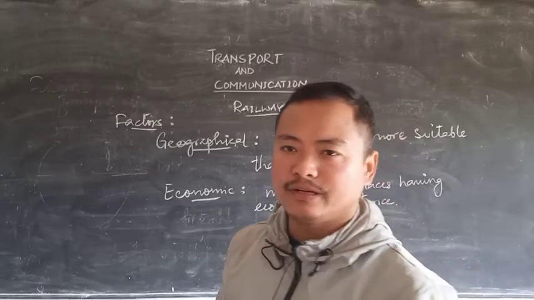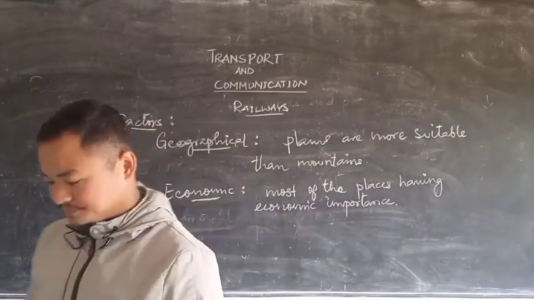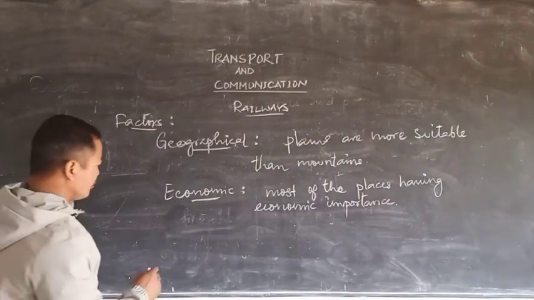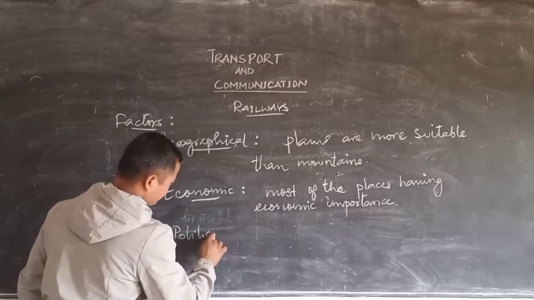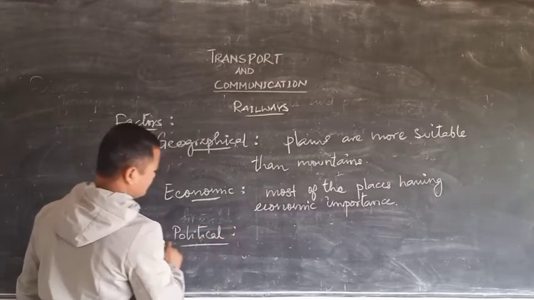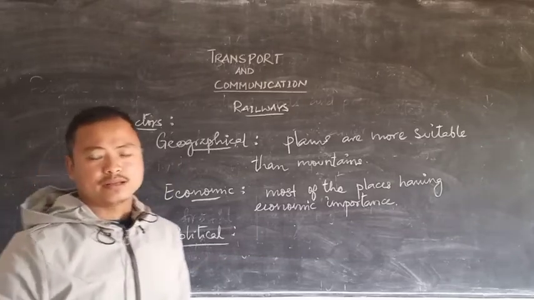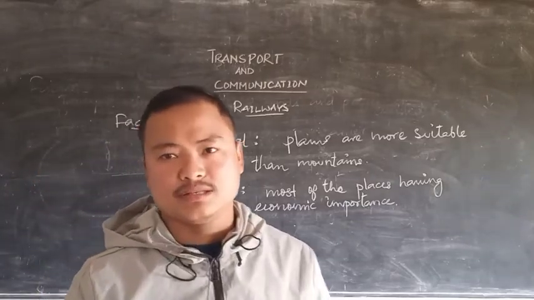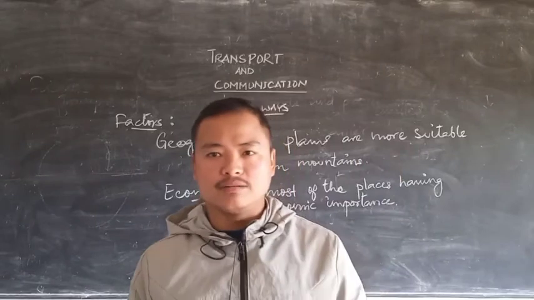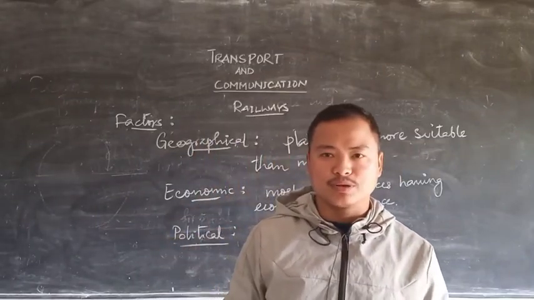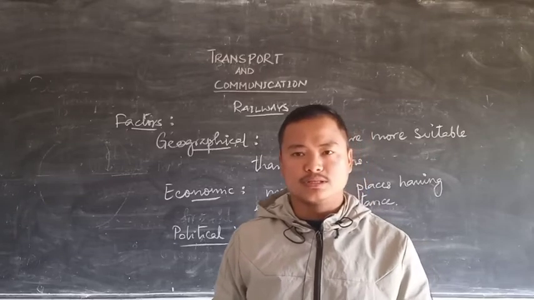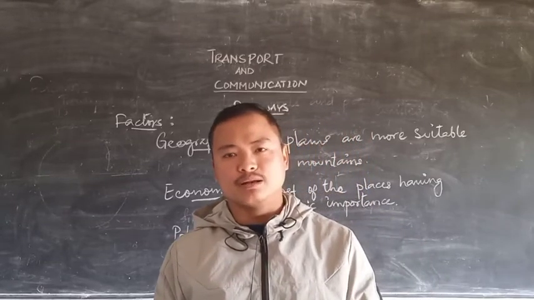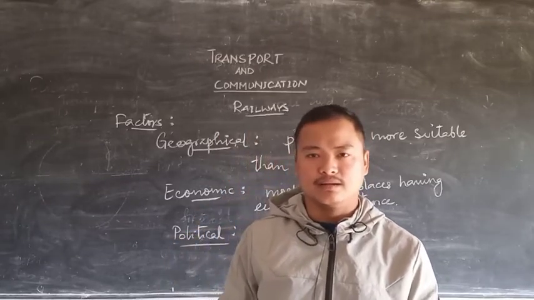Now, the last factor that we would discuss is the political factor. It has been evident since the time of the Britishers that railways were mostly connected to administrative areas, those places where most of the administration is carried out.